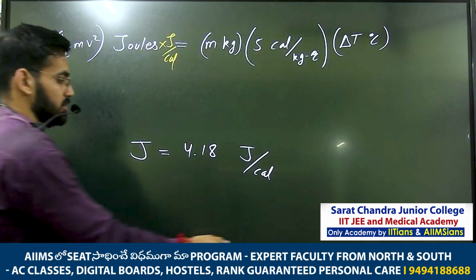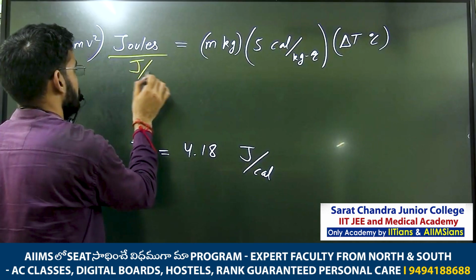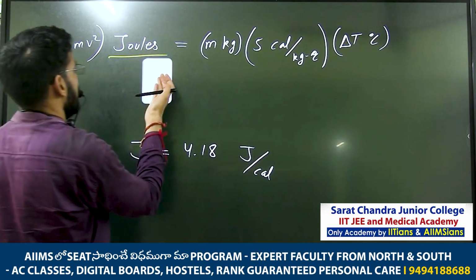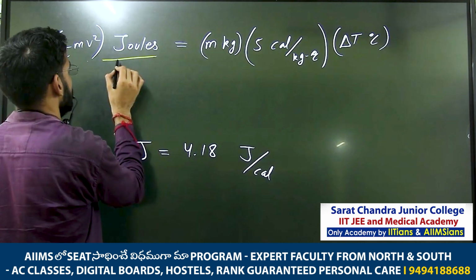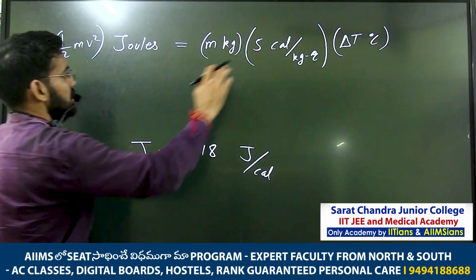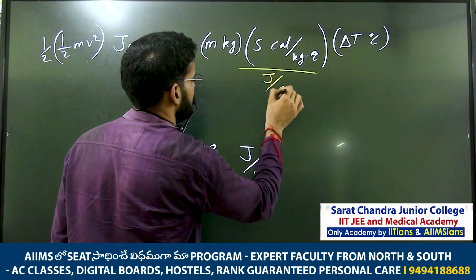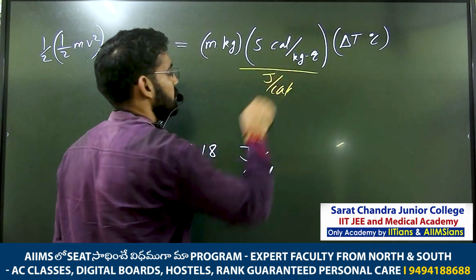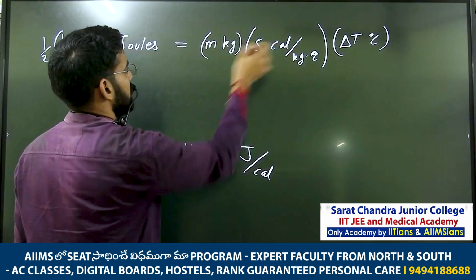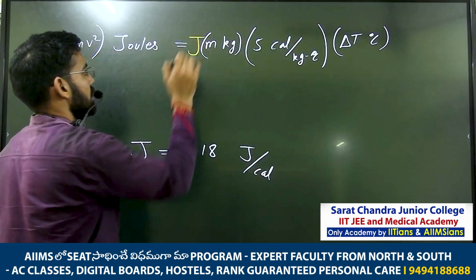If I divide, joule cancels out and calorie is in the numerator, so it is good. Or on this side, if I divide by J, it gives calorie square by joule, that is not good. So here you multiply with J, joule per calorie will come, calorie cancels out, and joules remain. So either divide on this side or multiply on the other.